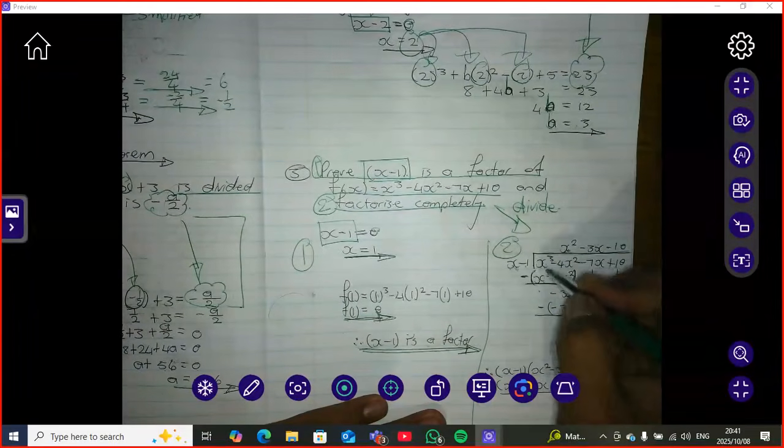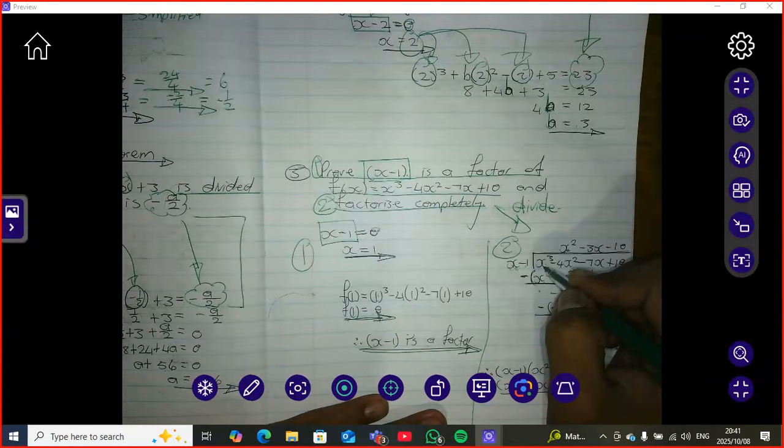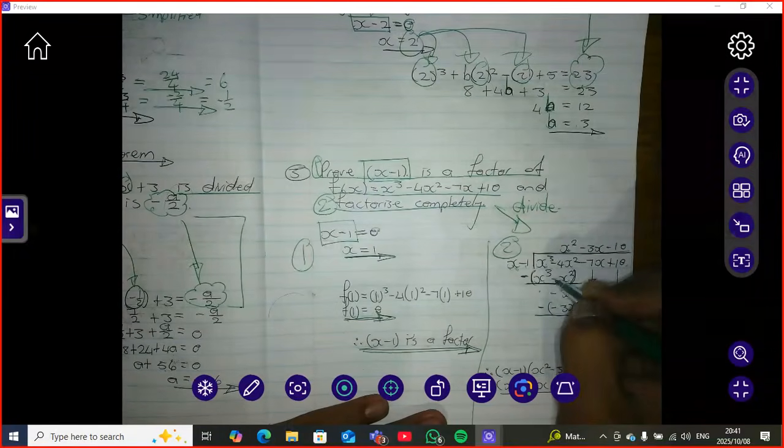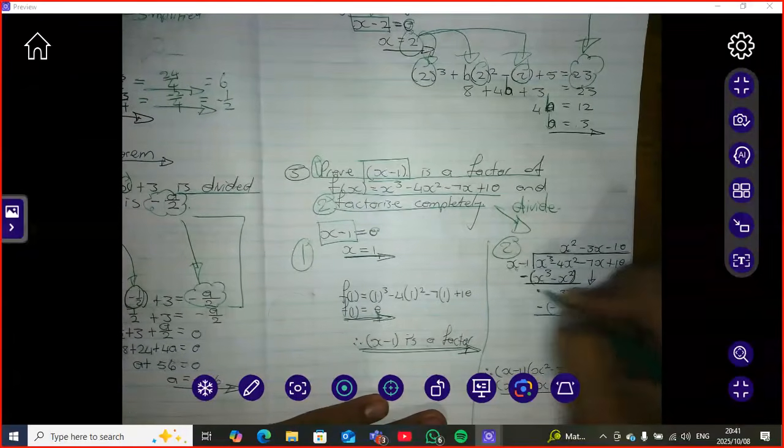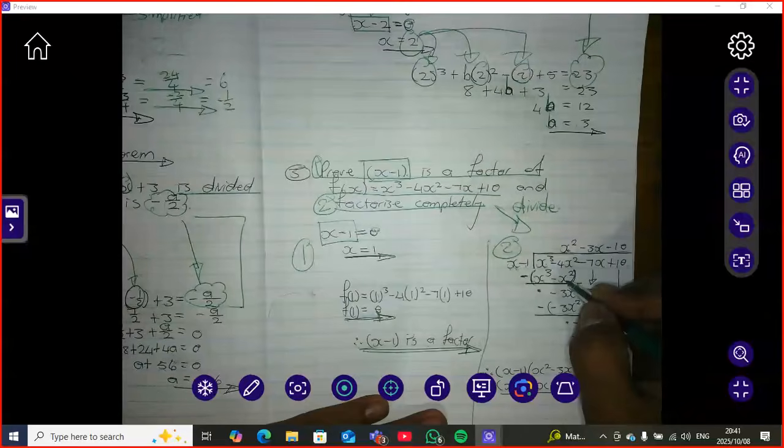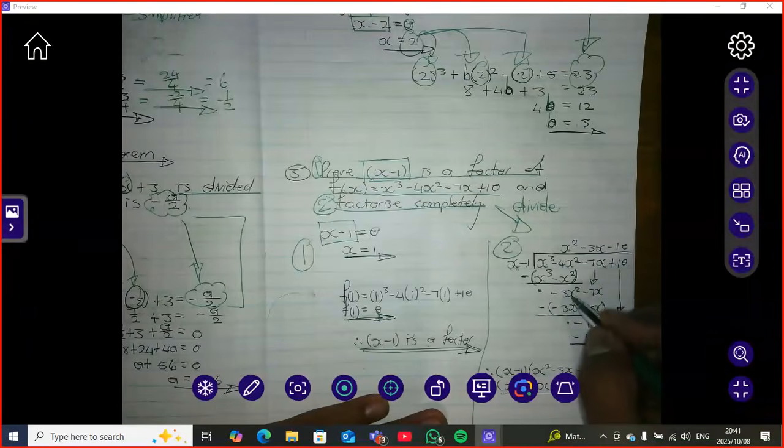So a positive x cubed minus, because this minus multiplies in also, x cubed minus x cubed is 0. Negative 4x squared plus x squared, because there's a negative times in, gives me negative 3x squared.